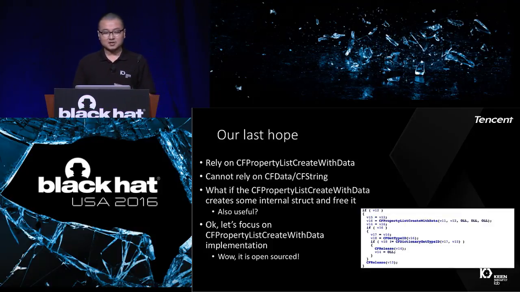So our last hope is the process of the deserialize itself. So you can try to audit this function, and maybe in this function there is some internal struct which is created and then freed immediately. For this kind of operation, it is also useful because we don't rely on persistent data, just some temp data is okay.